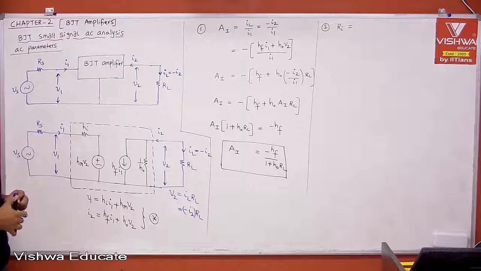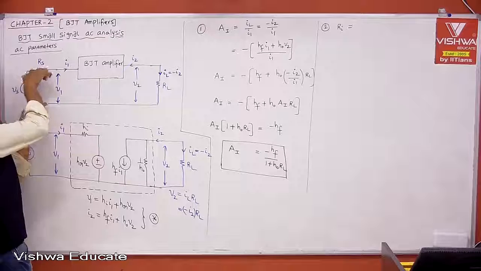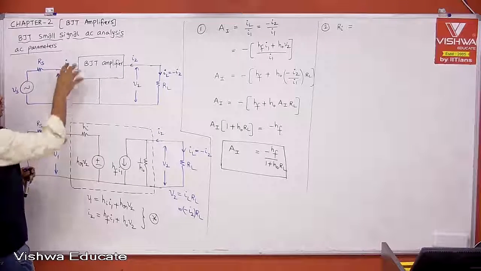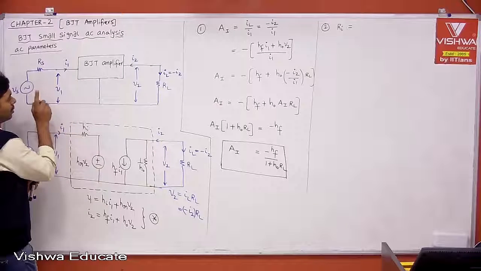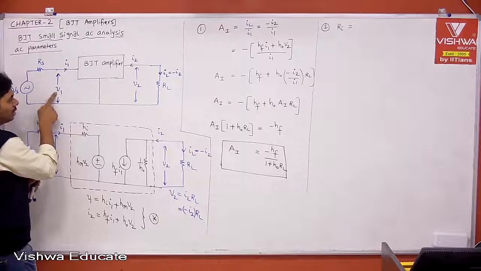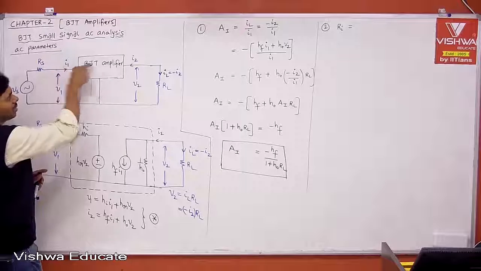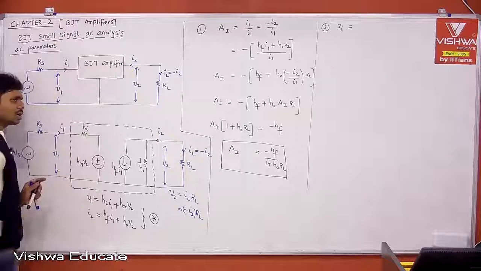Tell me, what is the definition of RI? The definition of RI is nothing but the impedance seen into the input port. How will you calculate? That is a black box for us. Then how will you calculate mathematically? When you apply the voltage V1, then you have the current which is entering into your amplifier, V1 by I1, that's it.